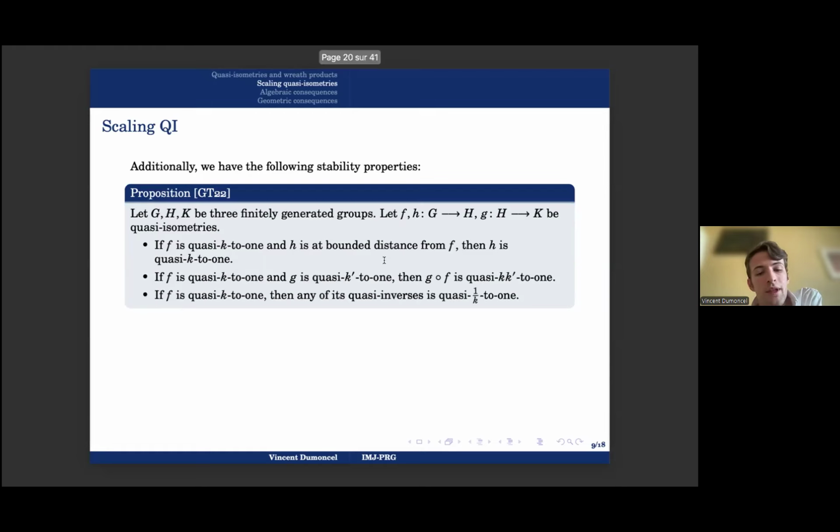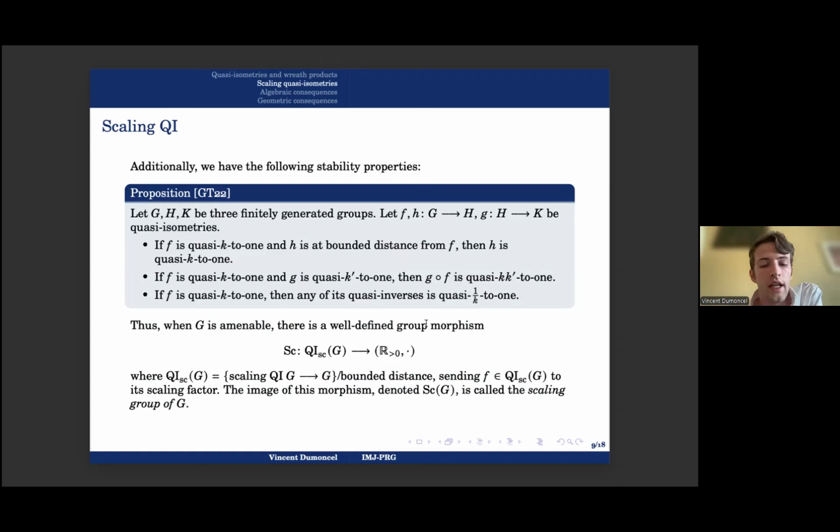And lastly, with respect to quasi-inverses, it also goes very well, because if you start with a quasi k to 1 map from G to H, then any of its quasi-inverses will be scaling, for the scaling factor 1 over k.